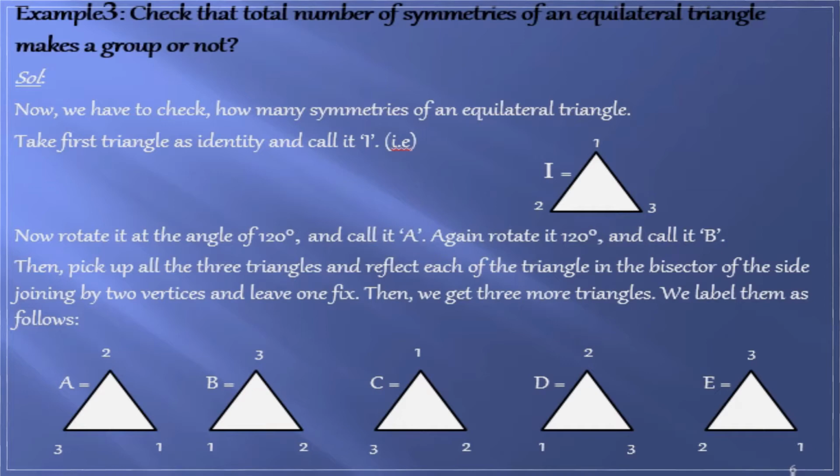Now, rotate this 120 degrees and call it A. Again rotate it 120 degrees and call it B. Now, pick up all 3 triangles, reflect these from the upper edge, and call these C, D and E. So, we get 3 more triangles. In fact, these are the 6 possible symmetries of an equilateral triangle.